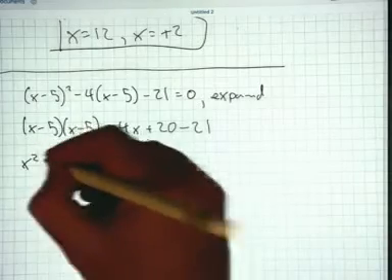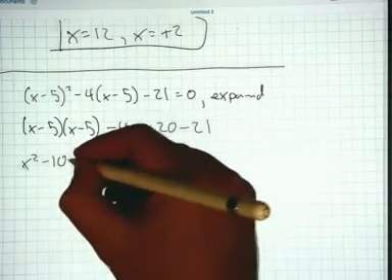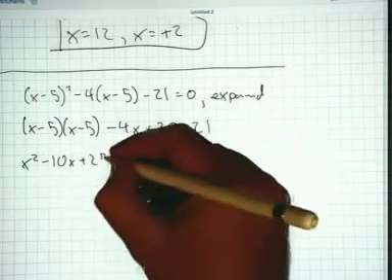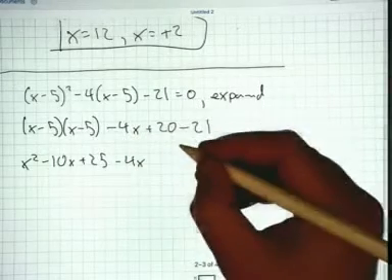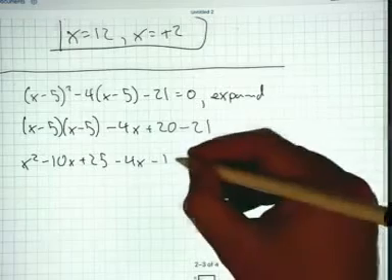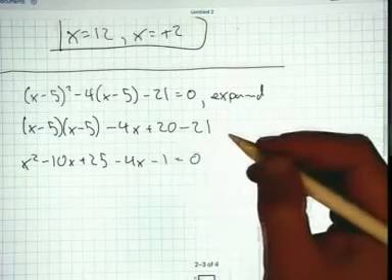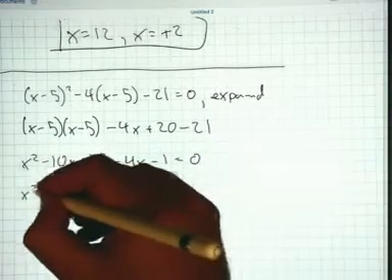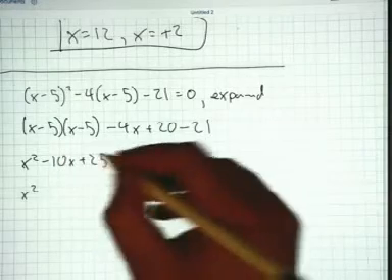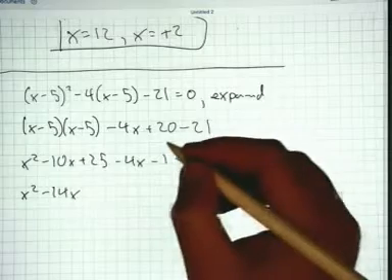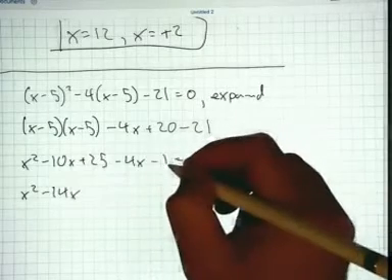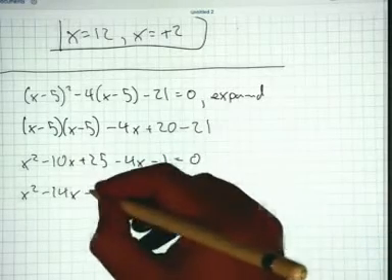FOIL x squared, you're going to get a minus 10x plus 25 minus 4x. 20 minus 21 is a negative 1. Then you get x squared, negative 10x minus 4x is a negative 14x, 25 minus 1 is a 24.